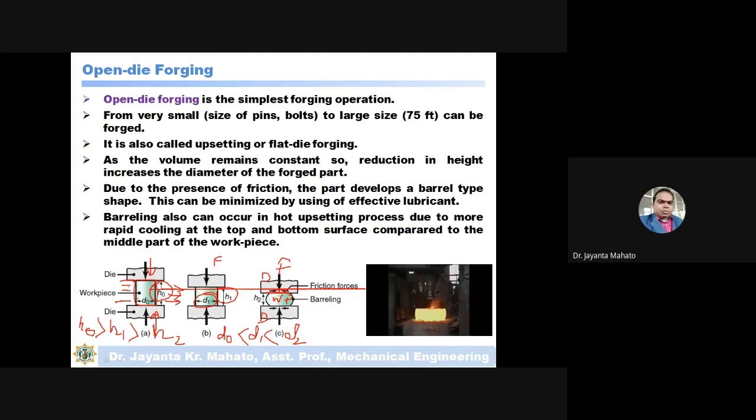There is friction at the lower, bottom surface also. So on both the top surface and bottom surface there is friction between the workpiece and die.